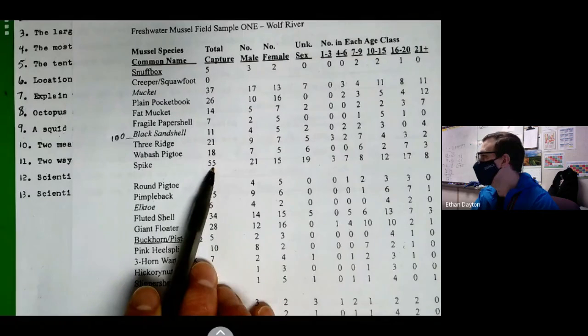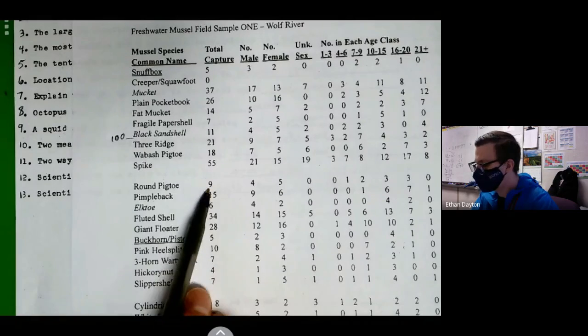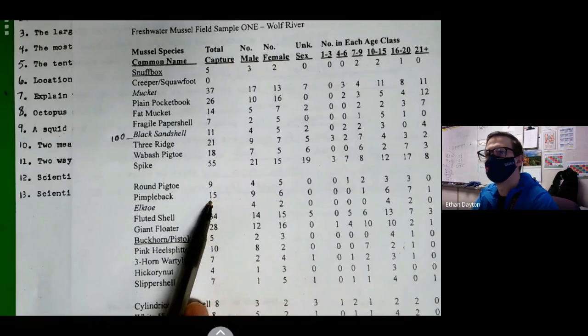Here we go. 139 plus 55. 9 plus 5 ends in a 4, right? So 139 plus 55 should be 194. Yep, good. Plus 9 is 203.